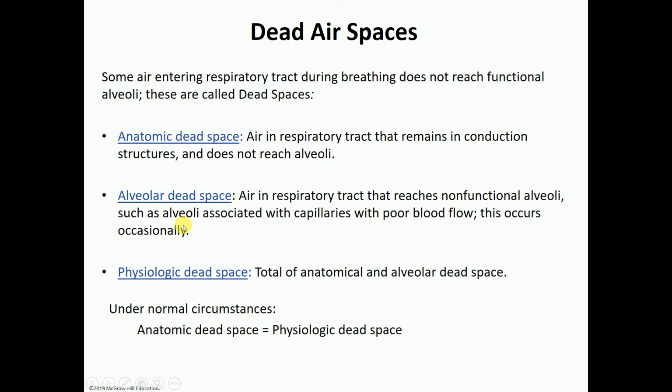Okay, that means that there is a pathology going on, either the pathology is in the alveoli or in the blood supply to these alveoli. So again, under normal conditions, anatomic dead space is equal to the physiologic dead space.